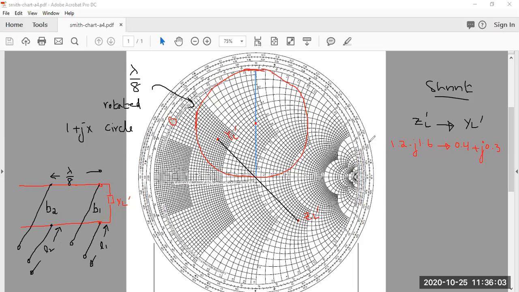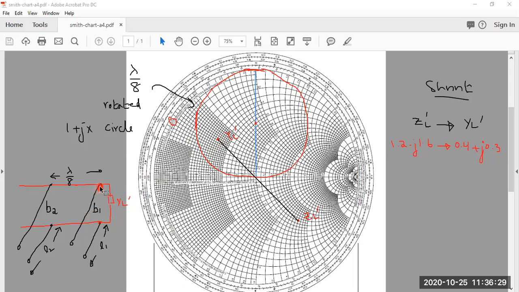Now look at this point. If I am standing at this point, before connecting the stub, how much is the admittance? YL dash having this value. And what is the location of this value on the Smith chart? The location is this one, okay? Before connecting the stub.